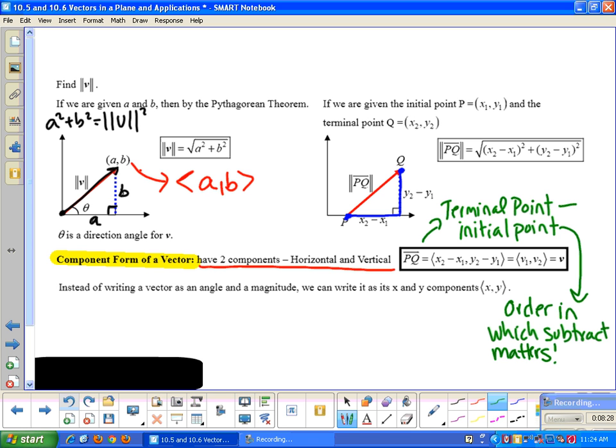So you always have to do, again, the terminal point minus the initial point. And notice that it's your x's, comma, your y's, just like you would write a coordinate point. So instead of writing a vector as an angle and a magnitude, we write it now as its x and y components. Again, the x, y components are just the horizontal and the vertical, so it's just a different way of writing the point.